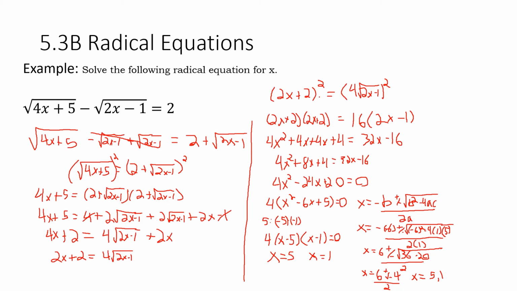So just to do the restrictions, we've got to do those still. So the restrictions, just to check and see if our solutions match, we know that 4x plus 5 must be greater than or equal to 0.